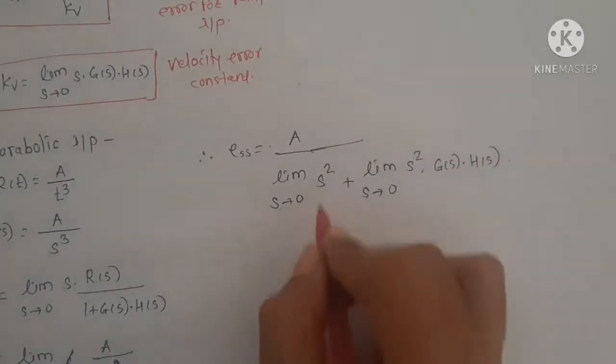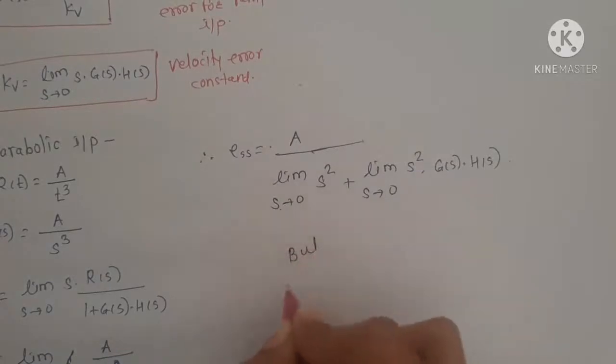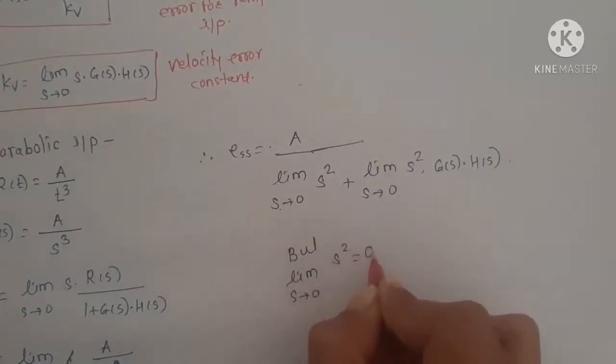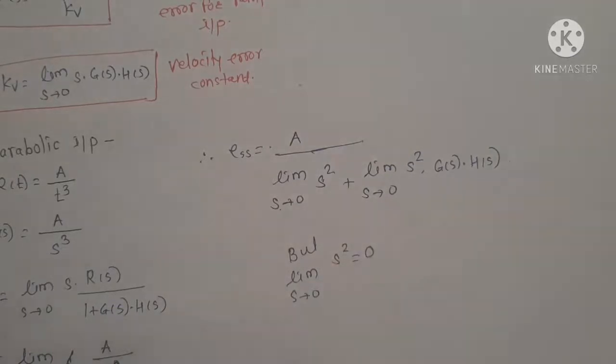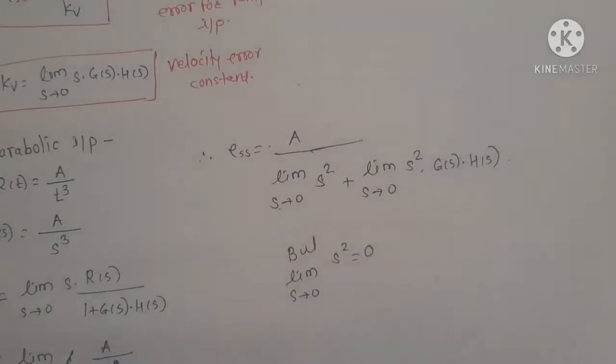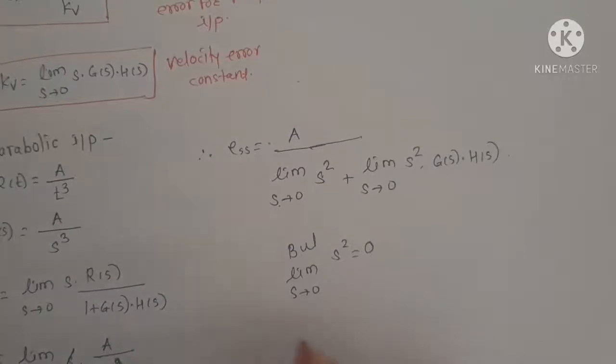But after putting this value, limit s tends to 0, s square will become 0. So E of s is equal to A upon, what will be the final value?